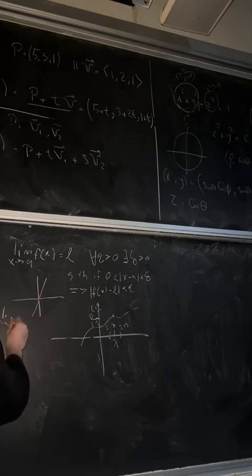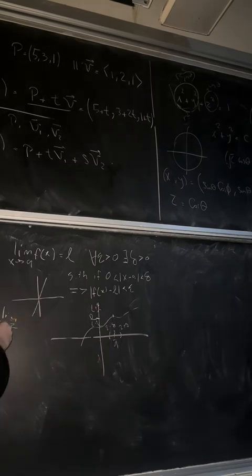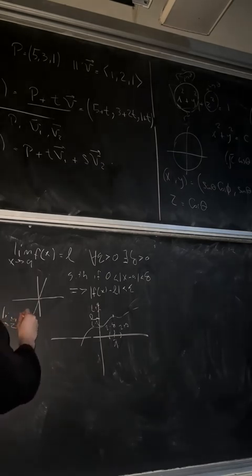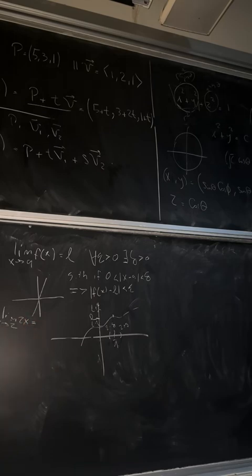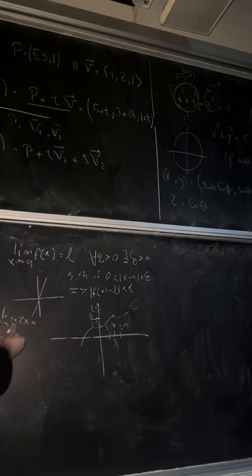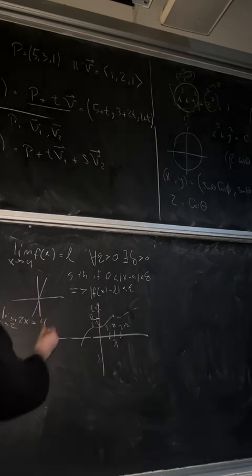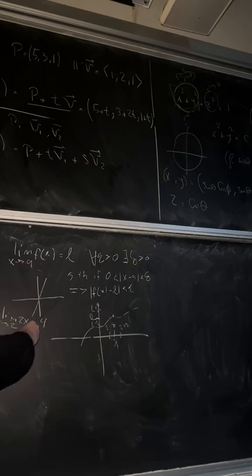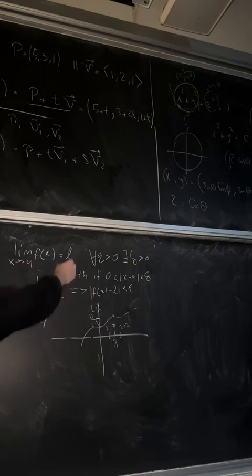You want 2 or 3? We'll do 2. Okay, the limit as x approaches 2 of 2x. I think we all know if you just plug in 2. Well, if you're not familiar with calculus, you don't know, sorry. But if you are, you know that this is 4, right? So if we concretely look at this, f of x is 2x, L is 4.